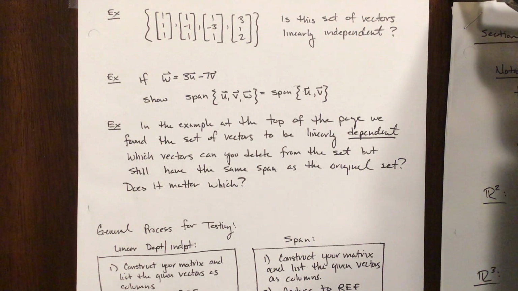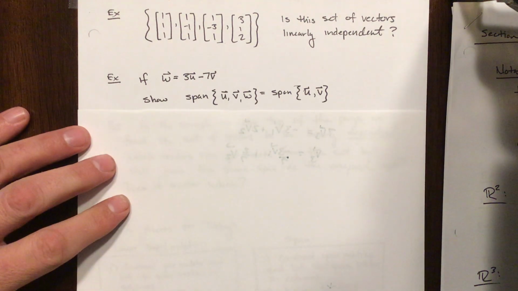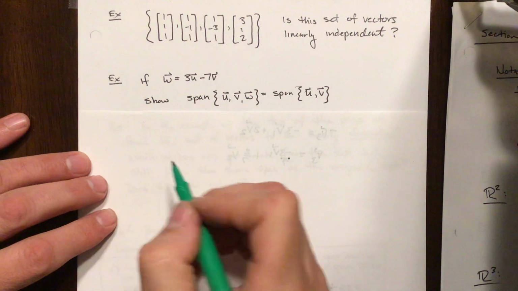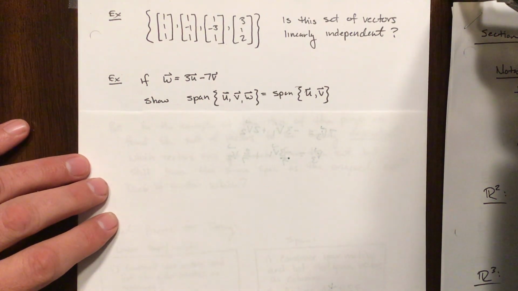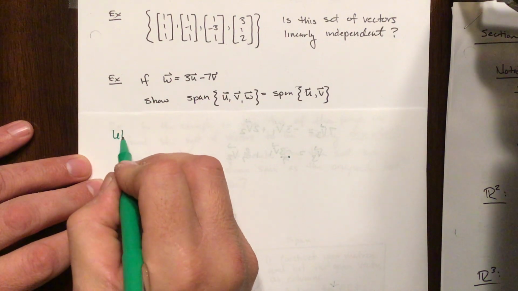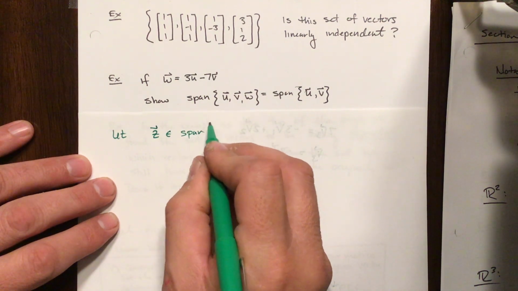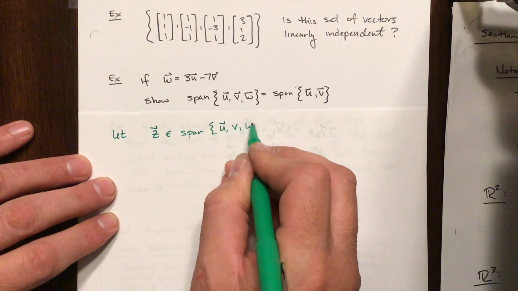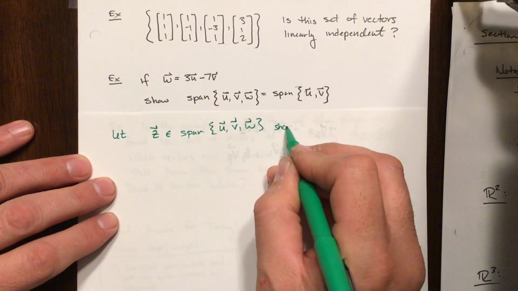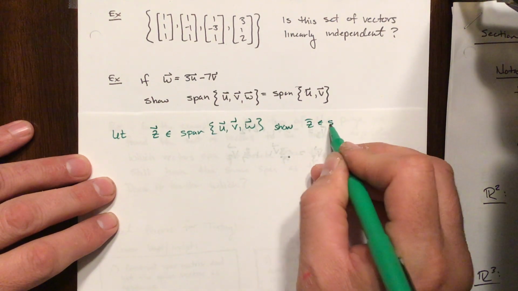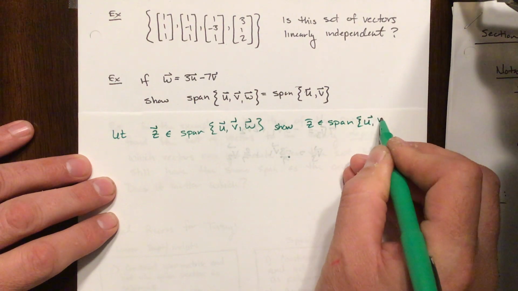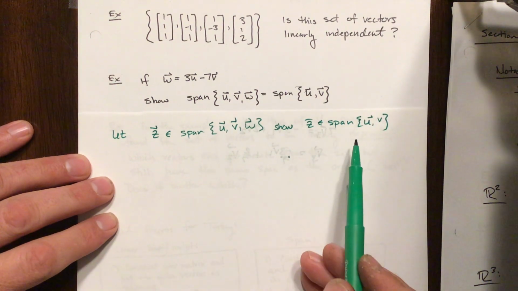Next example. If W is equal to 3U minus 7V, show that the span of U, V, and W is equal to the span of U and V. To show that two sets are equal, what we'll do is let some vector, call it Z, be an element of the span of U, V, and W, and show that Z is an element of the span of U and V. So, show that it's in this set, show that it's in this set.